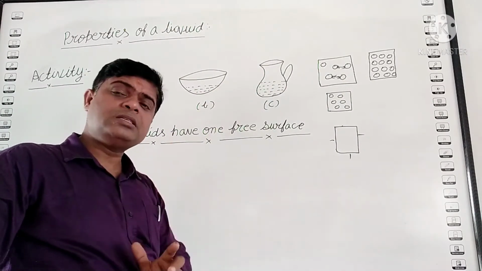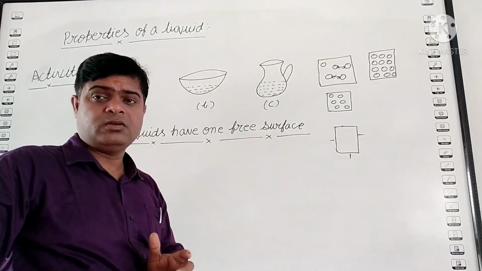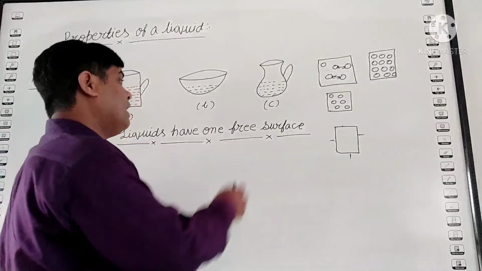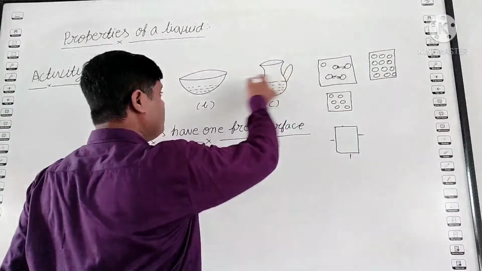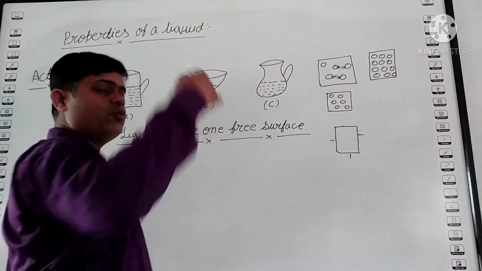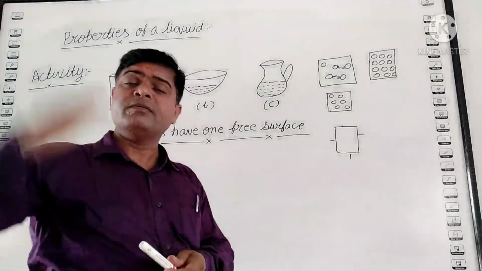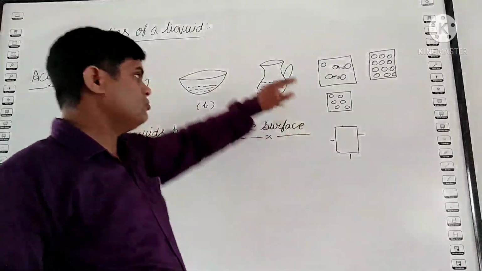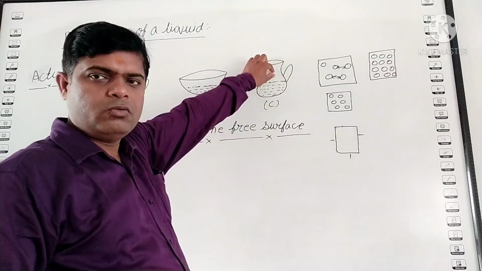But one thing is common. What? All have only one free surface. Free surface means it doesn't need any type of support from outside. Yes or no?